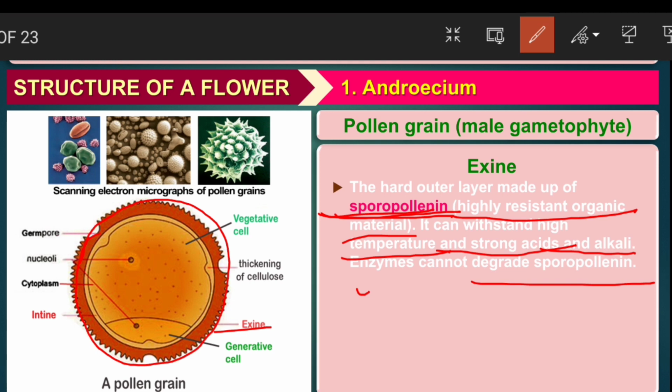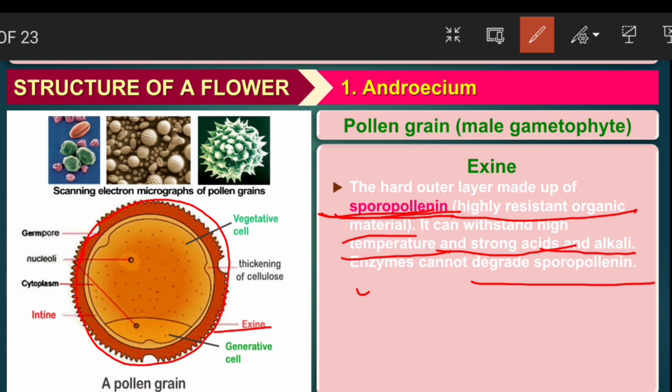It may take a few weeks or a few months for fertilization to occur. Till then the pollen grains have to withstand the environment and very high temperature.